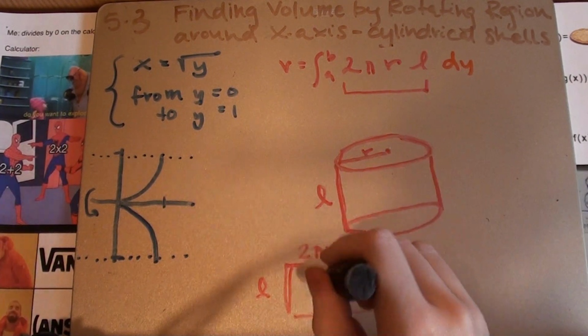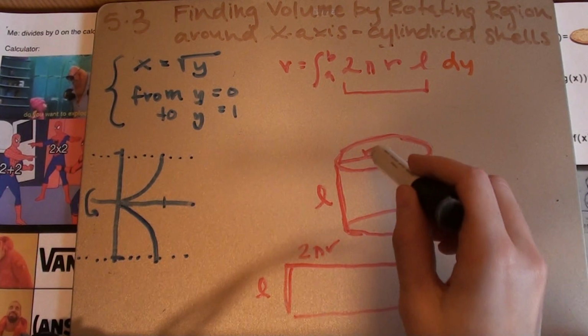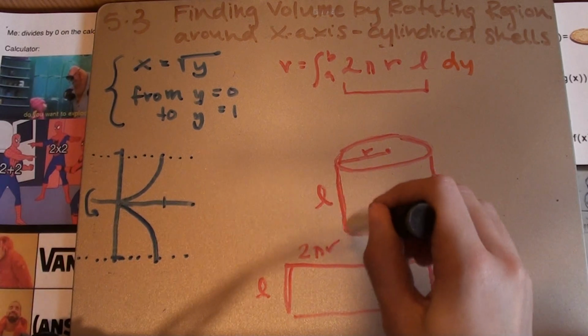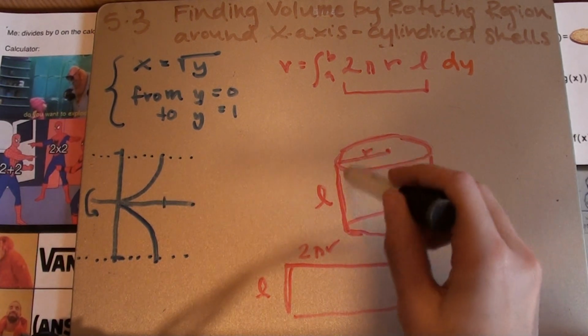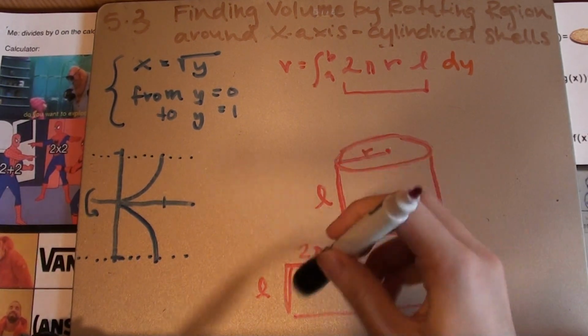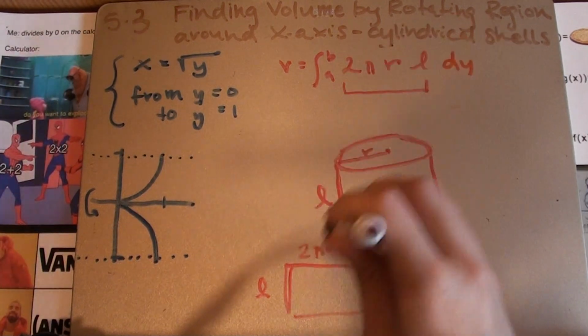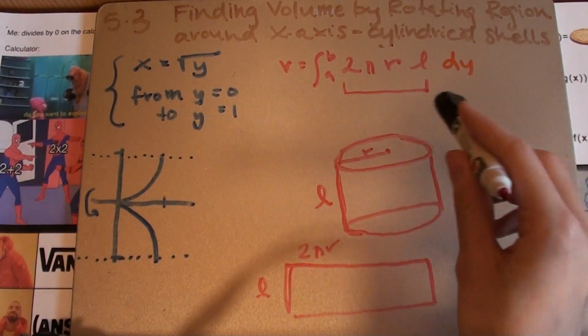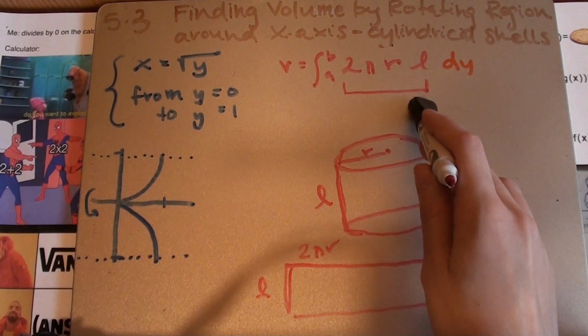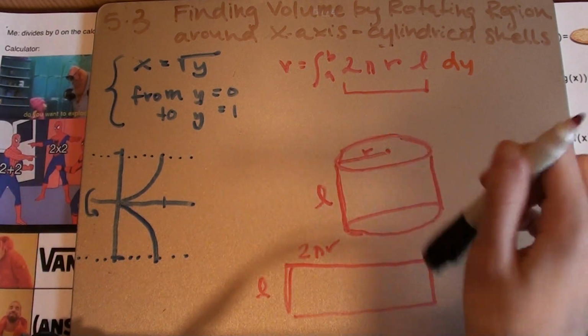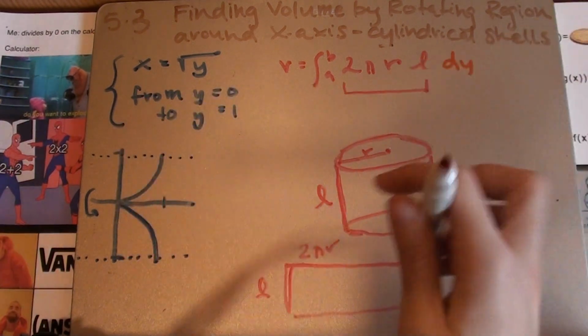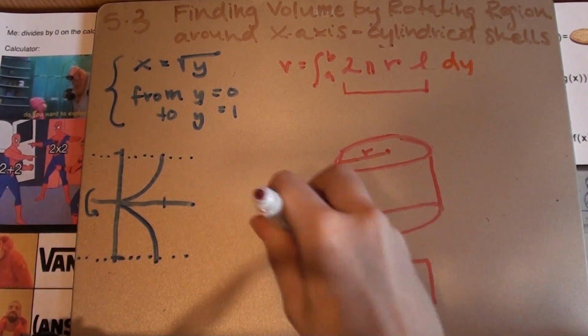So what we're really doing is finding the surface area of all of these cylinders in here. The reason we're multiplying is because really what you're doing is finding the area of a rectangle that's been curved around, right? So that's why we multiplied the two together.